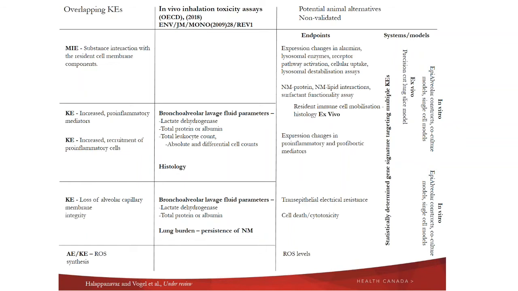In the middle, we have in vivo assays that are available at present to assess these key events, suggesting that some of these key events are assessed and targeted by in vivo studies, and there is an OECD test guideline available for assessing these endpoints. And also specific assays have been mentioned in the test guidelines.